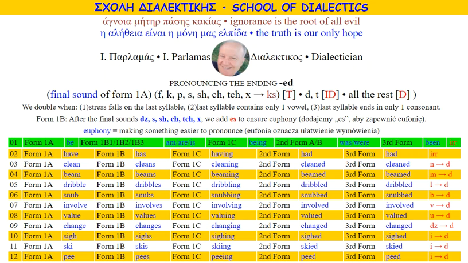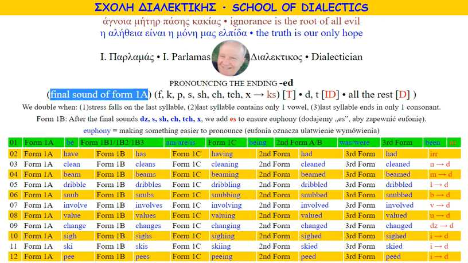It can be pronounced as t, as id, or as d, and it depends on the final sound of form 1a. We're not talking about the final letter, but the final sound.